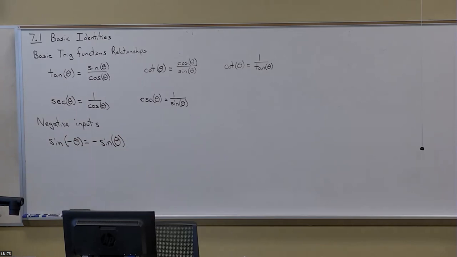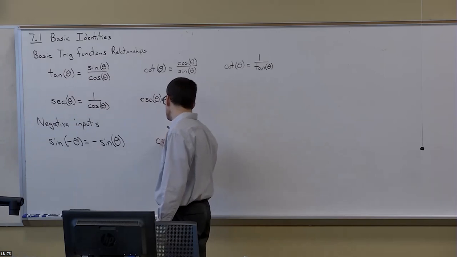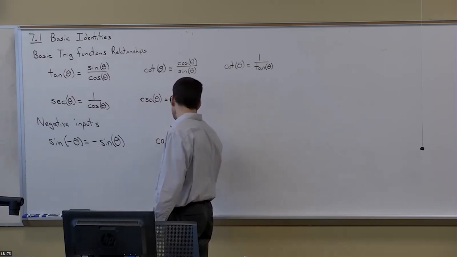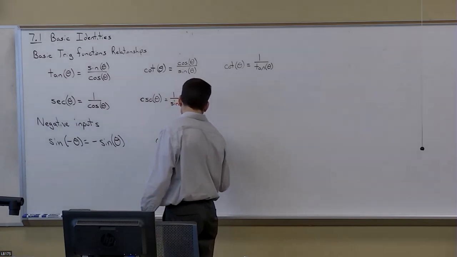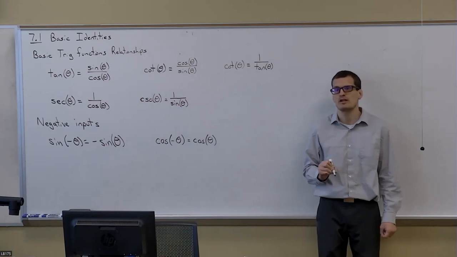Even when we restrict our domain from negative pi over 2 to pi over 2, that's odd as well. We get that. If you plug in a negative, you get out the negative of what you get when you plug in a positive. Cosine is an even function on its domain, from negative infinity to infinity. So if you plug in a negative into cosine, you get the same thing out as if you plugged in a positive angle, whatever the angle happens to be.